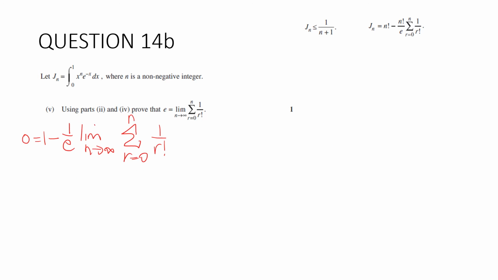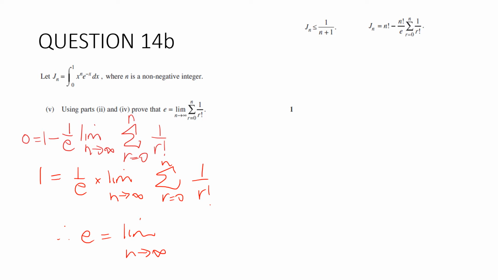And so 1 is equal to 1/e times the limit as n approaches infinity of this sum. Therefore, e is equal to the limit as n approaches infinity of the sum from r=0 up to n of 1/r!.